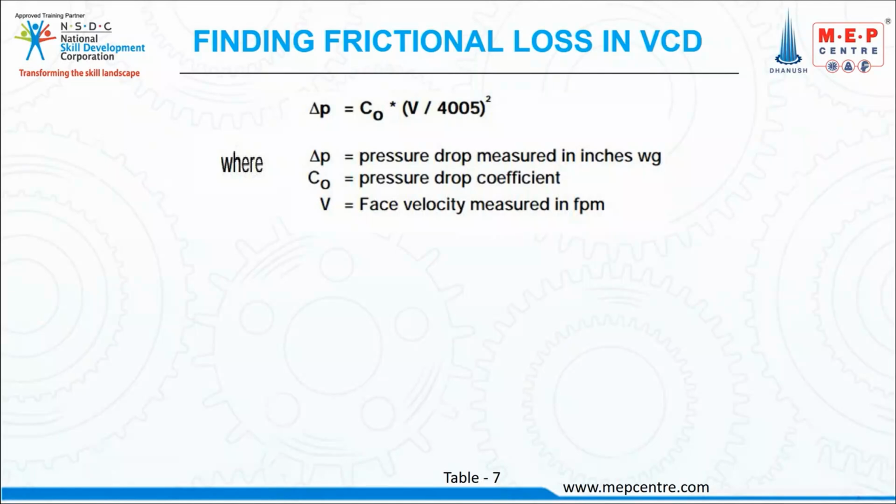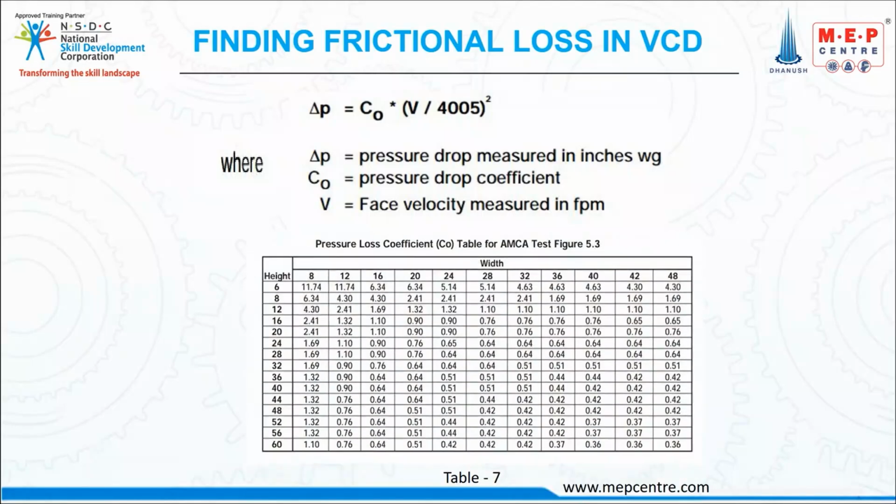And this is the chart we use to find the C naught value, the pressure drop coefficient.